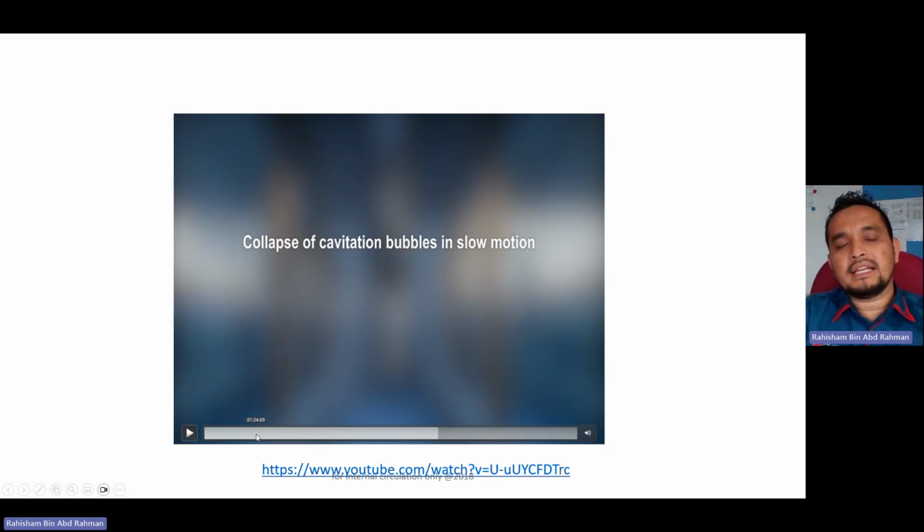This is the illustration of how the cavitation bubbles collapse in the slow motion view.